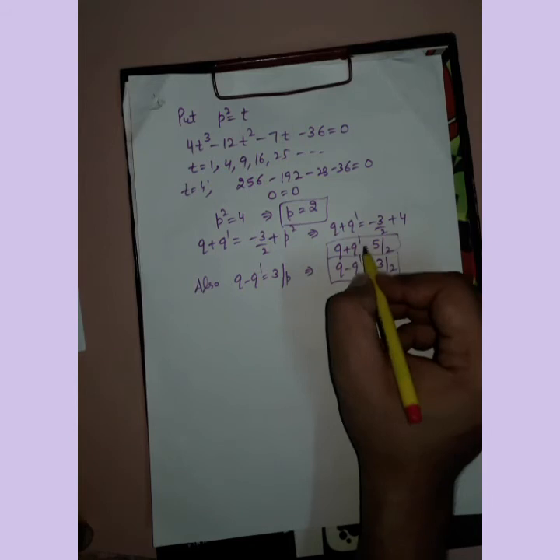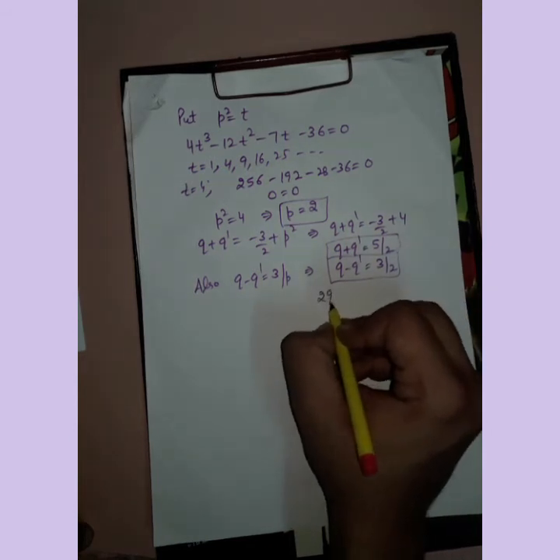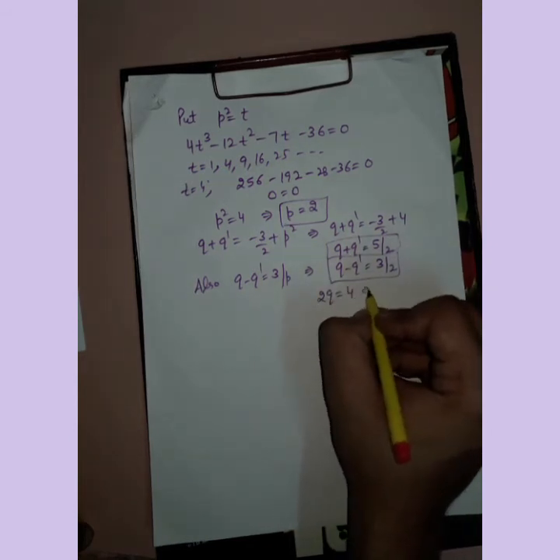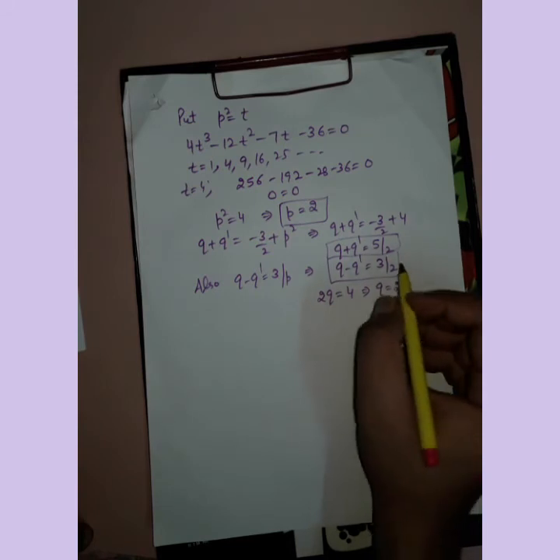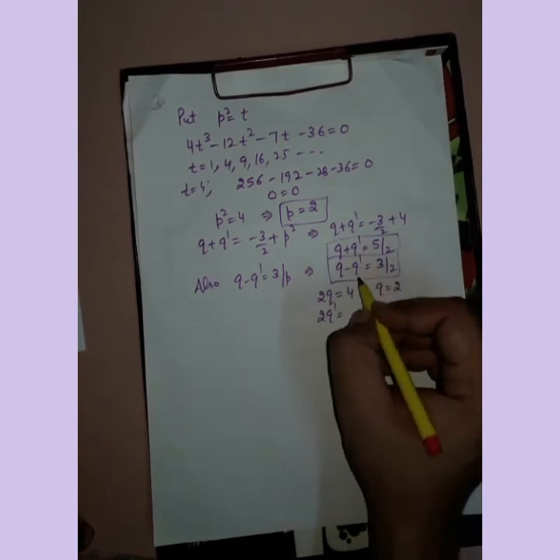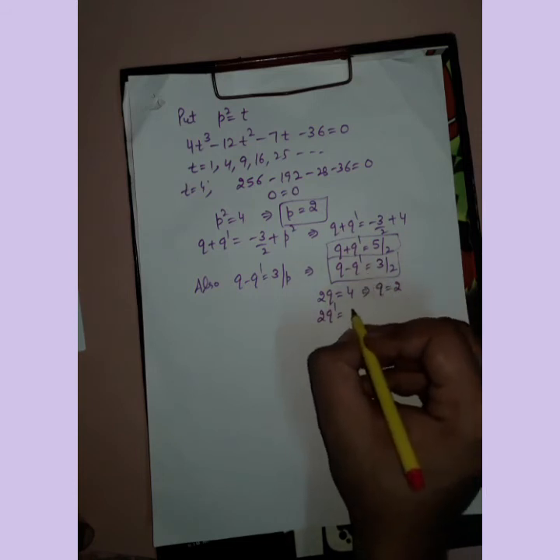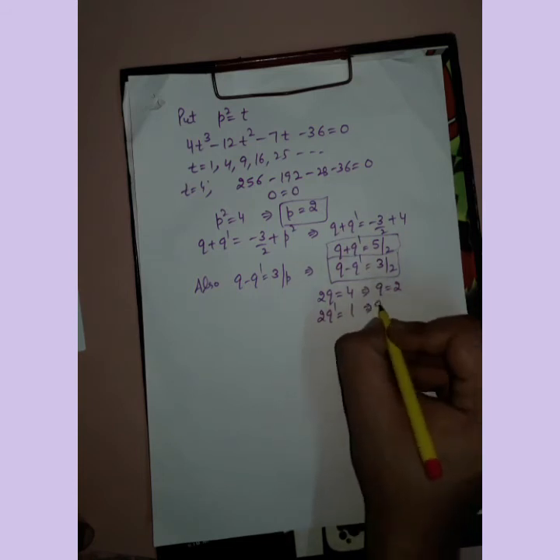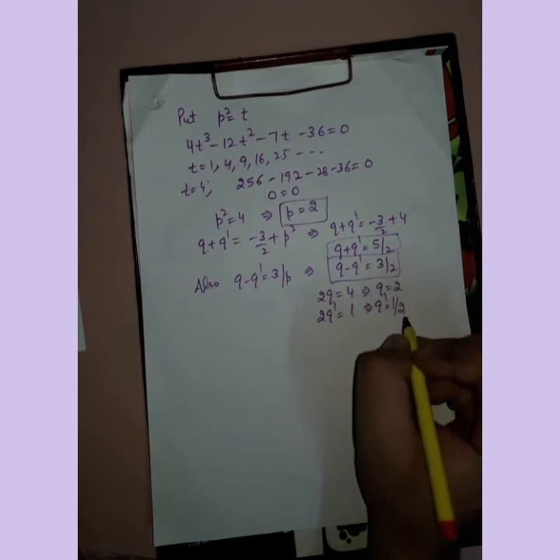So if we add these two equations, we will get 2q is equal to 4, that means q is equal to 2. If we subtract these two equations, we will get 2q dash is equal to 1, so q dash is equal to 1 by 2.